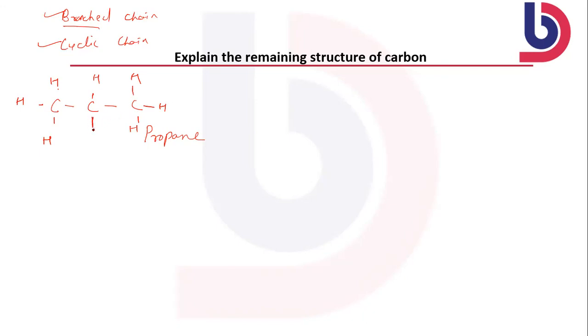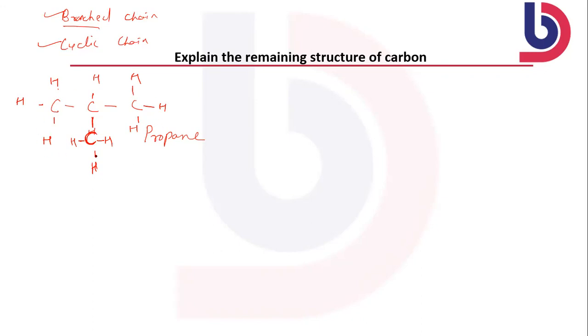So in the middle carbon, I'm going to branch one more carbon, and if you see, now this carbon has only one hydrogen to attach because the other three are already occupied by carbon. Now, this branched carbon has three valencies remaining. So all three valencies are occupied by hydrogen. So like that, the branch chain will be continued.